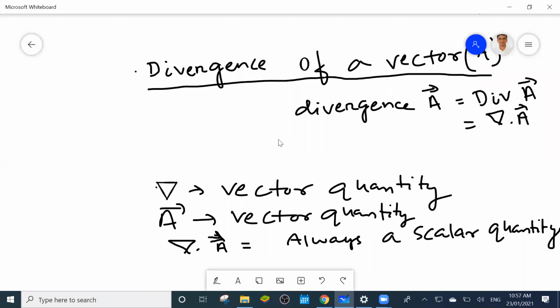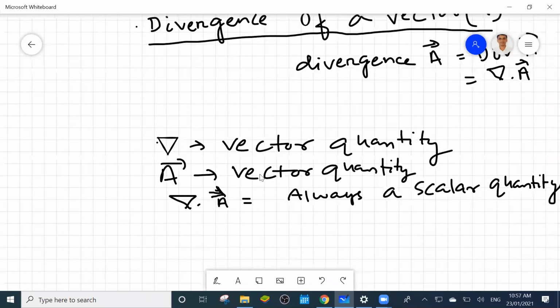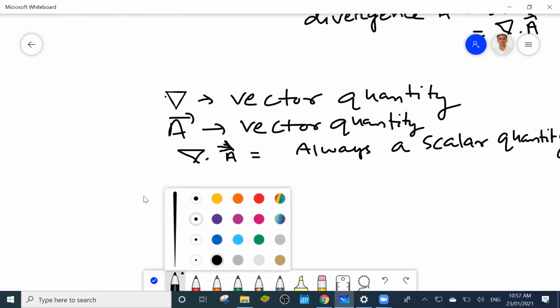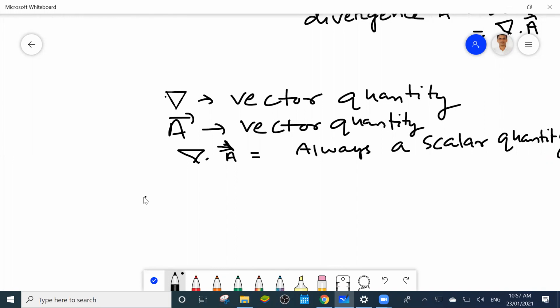The physical meaning of this divergence is actually the flux of a vector.